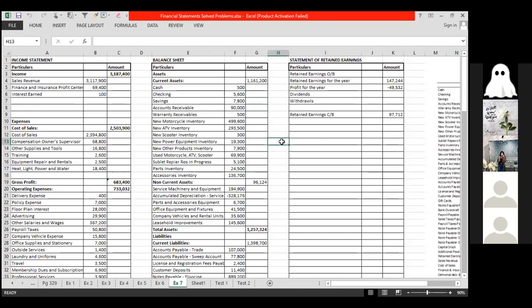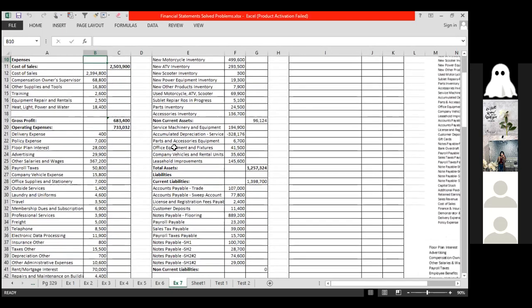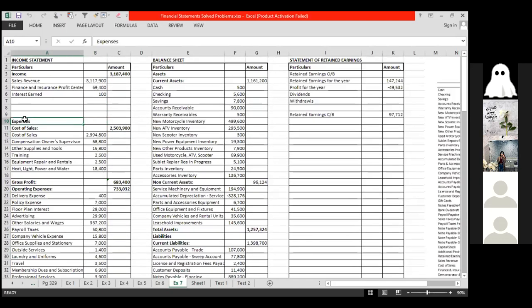So if you remember our income statement from the last problem we solved, here are our expenses, and they are distributed in two sections. As I told you when we solved it, all the expenses on the top here, that is the cost of sales, they are direct expenses, and the ones below, operating expenses, are indirect expenses.